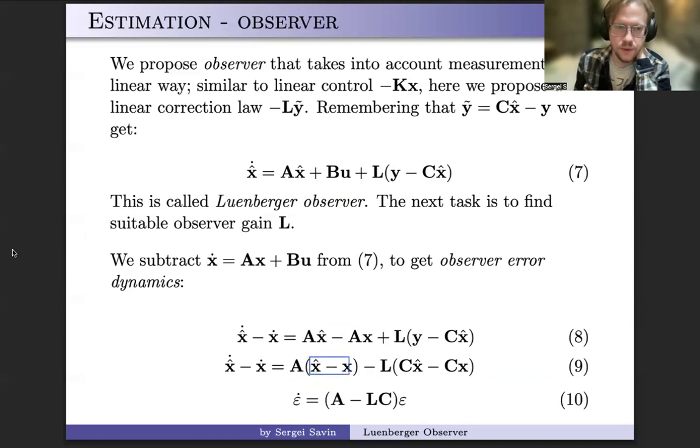This becomes epsilon from here. This becomes epsilon from here. So you have A minus LC times epsilon. And of course, this guy becomes epsilon dot.